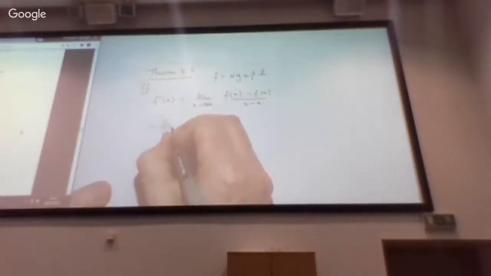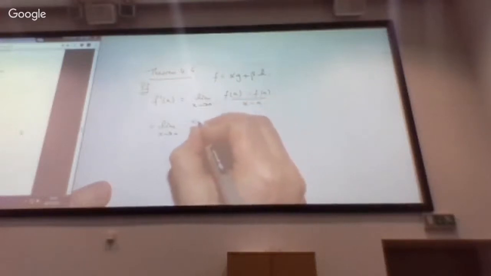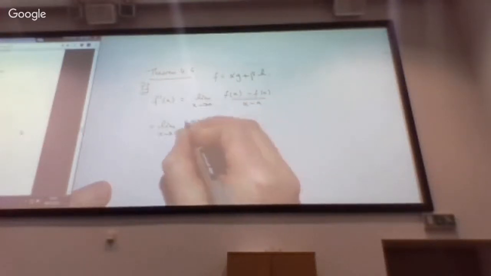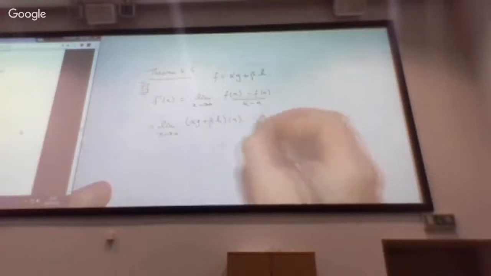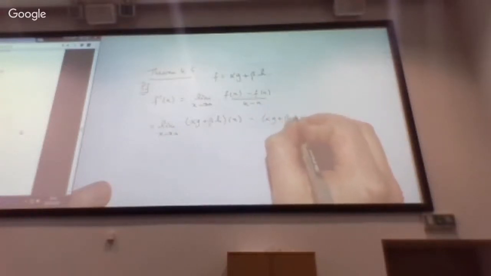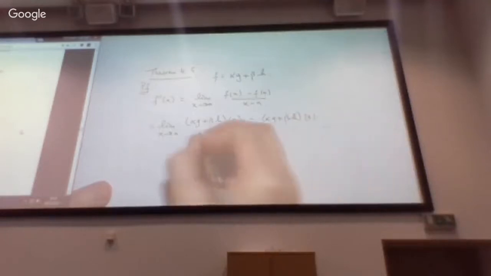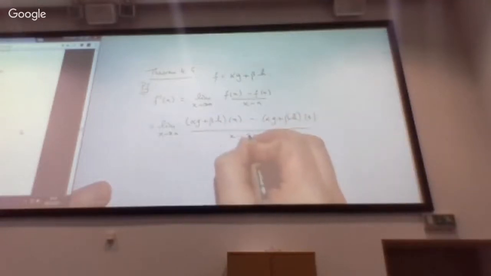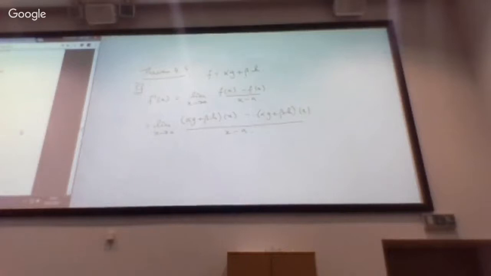So we can put in the definition of f. So f of x is alpha g plus beta h of x, and f of a is alpha g plus beta h of a, and that's still all over x minus a. Okay, so we're taking the limit of that large expression there.